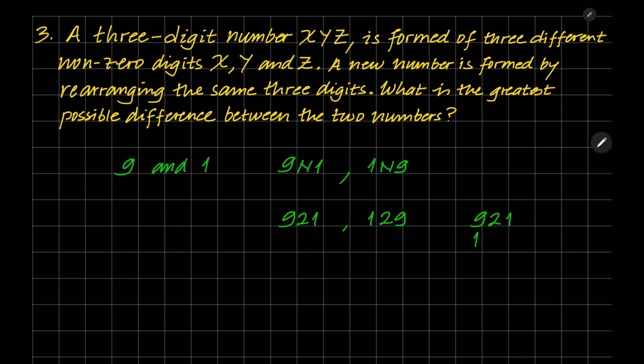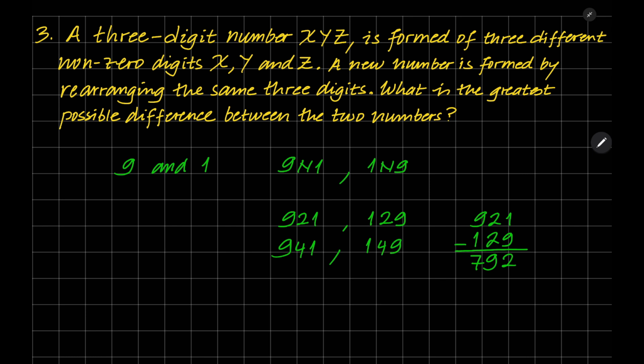The result is 2, and 9, and 7. It is 792. Let's give another example. Let's assume that the number is 941 and 149.